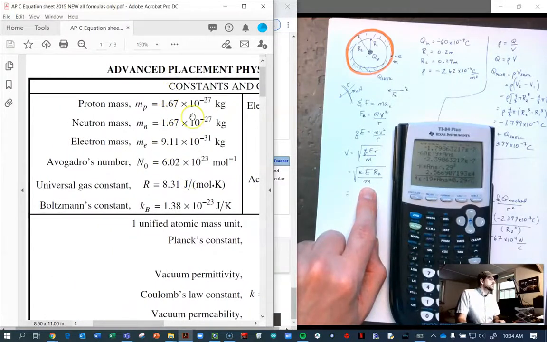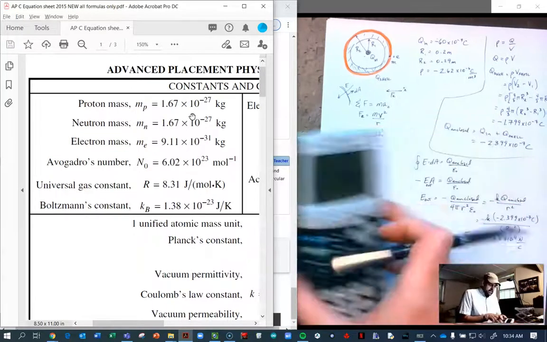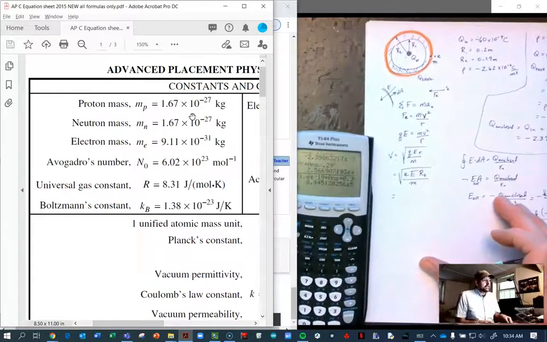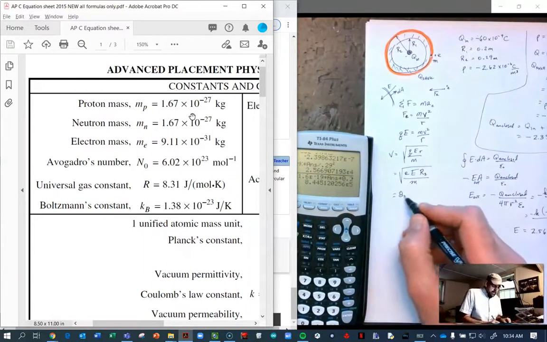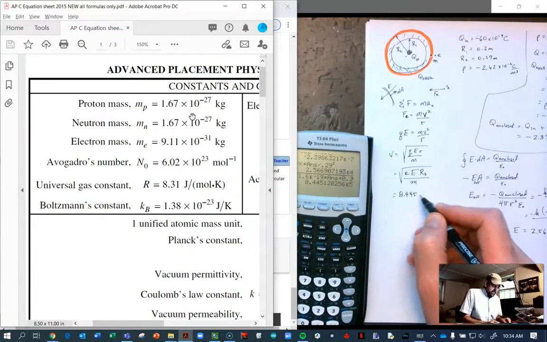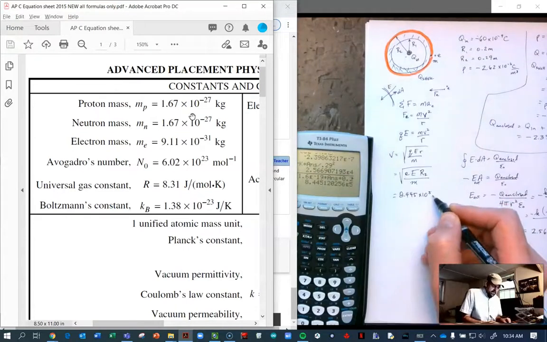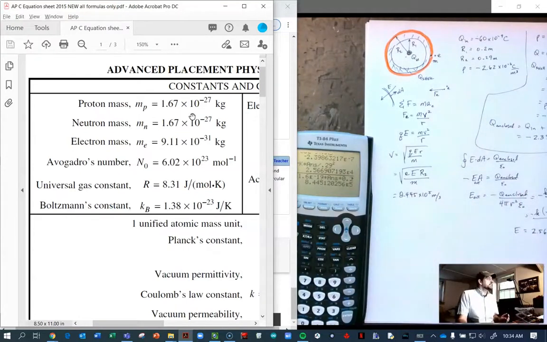It's a proton, so 1.67 E to the minus 27. All right, let's see if that gives us the right answer. 8.445 times 10 to the 5th meters per second.